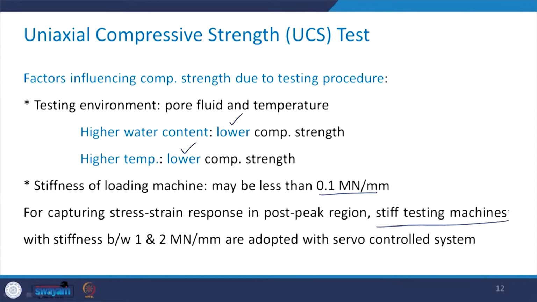The stiffness for these machines can vary between 1 to 2 meganewton per millimeter, and these have servo controlled systems. One can make these stiff machines by making the components of the machines stiffer.